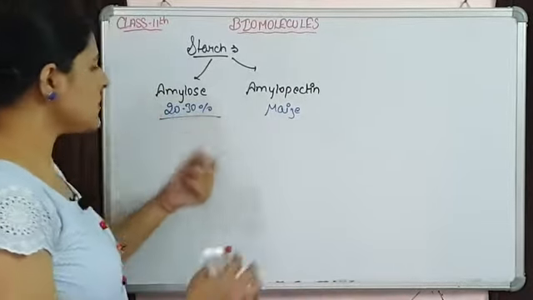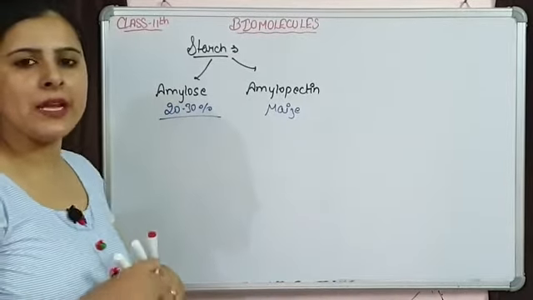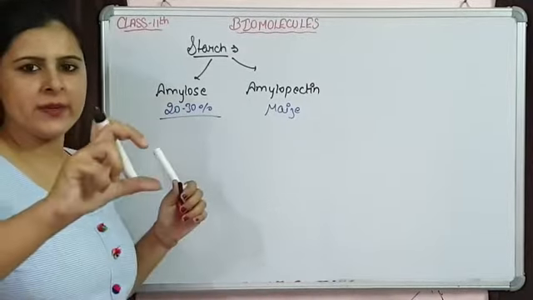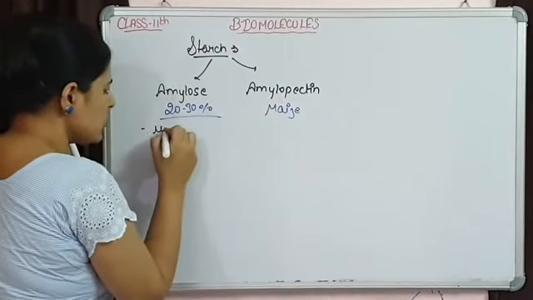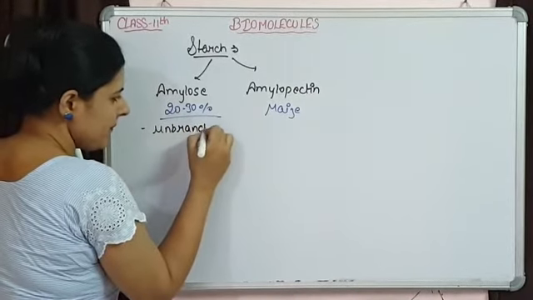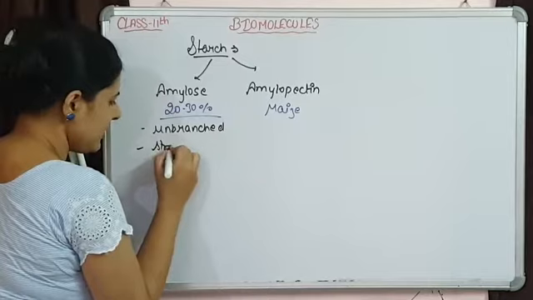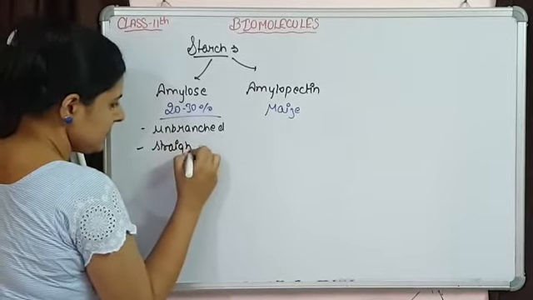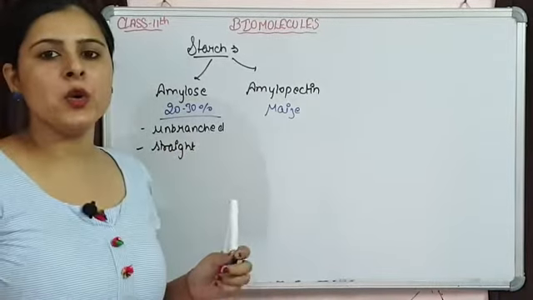If we talk about amylose, then this amylose is going to be straight, there is no branching here, so it is unbranched, straight, but helically coiled.